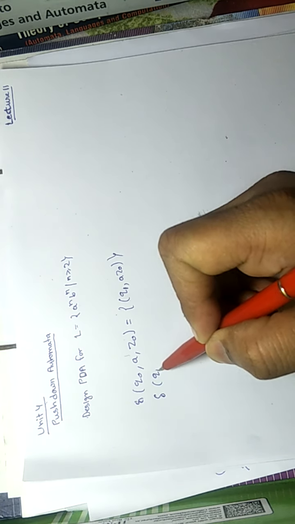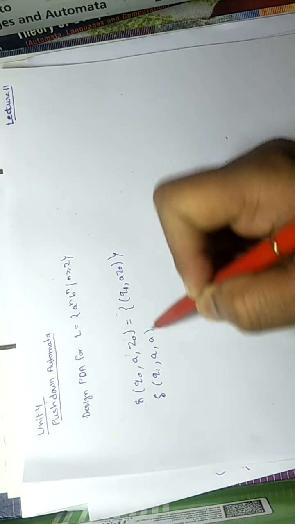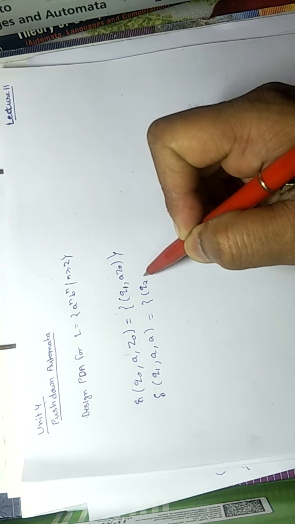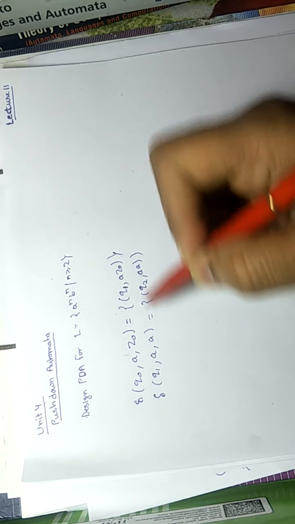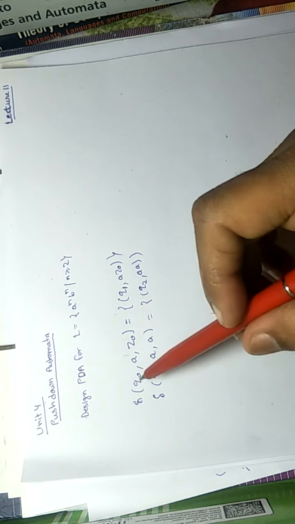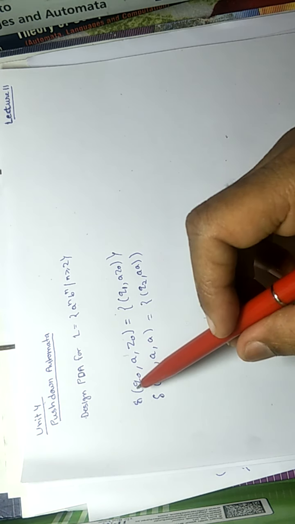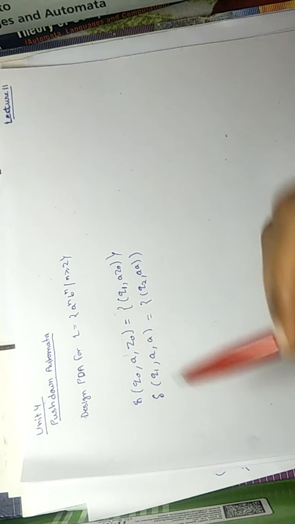Now we are at q1 reading the second a. Now a is on the top. We move to q2 and push that a into the stack. So we move q0 to q1, then q1 to q2. By moving q0 to q2 we are ensuring that we have read 2 a's.